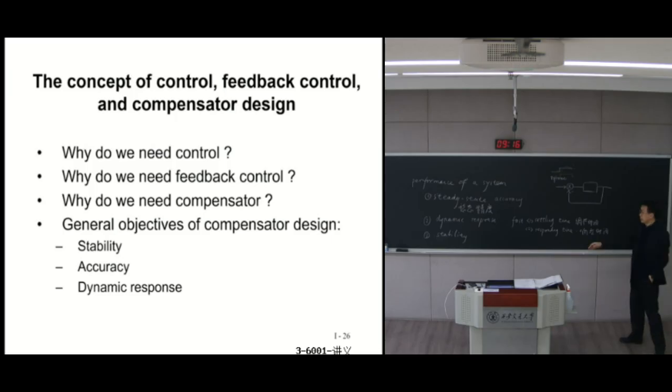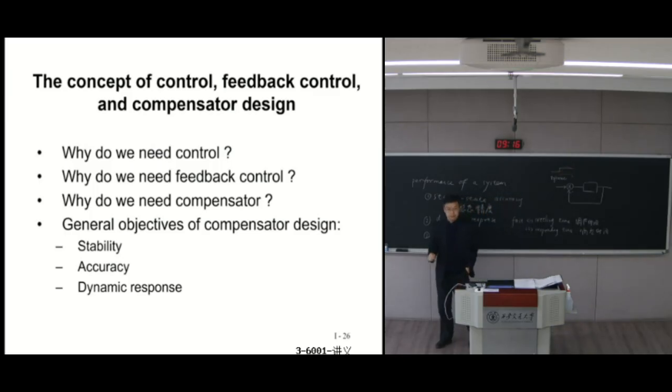So there is an issue of whether the closed loop system is stable or not. That's stability. So these are the three aspects that we very often look at to evaluate the performance of a system. Always these three aspects.